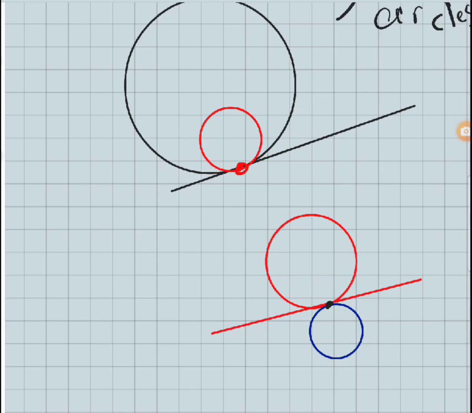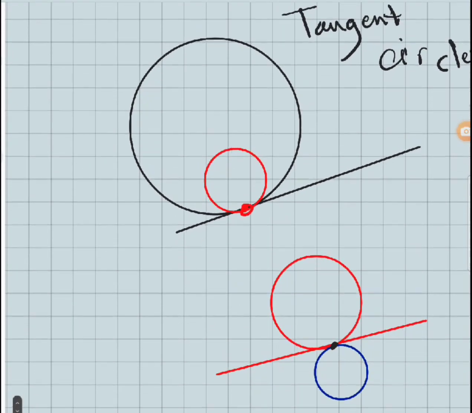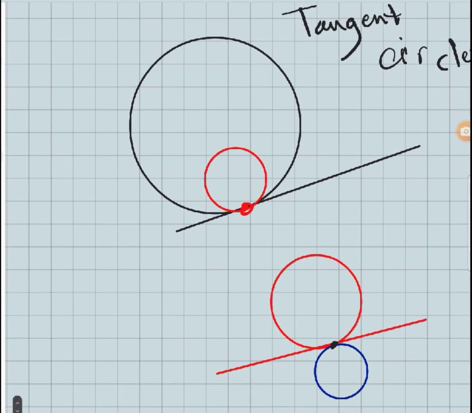On the right, the two circles are externally tangent to each other because each circle lies outside of the other. But they're still tangent circles because they intersect exactly at one point.